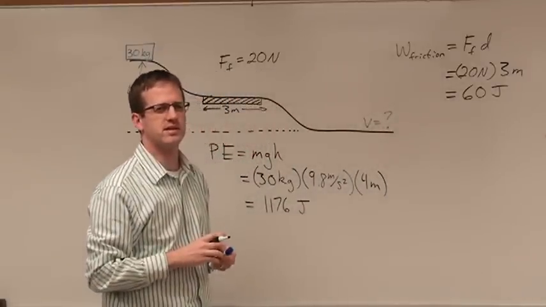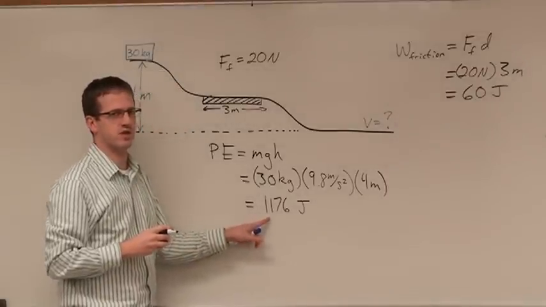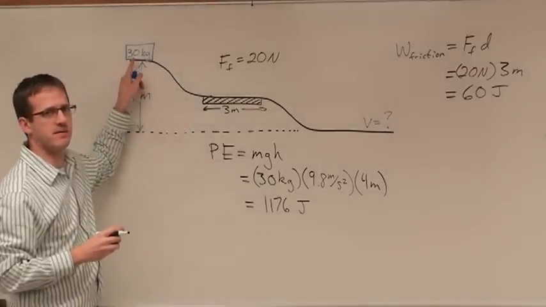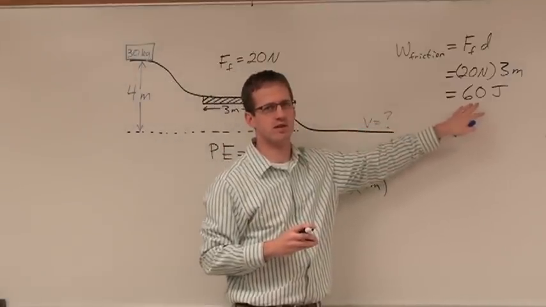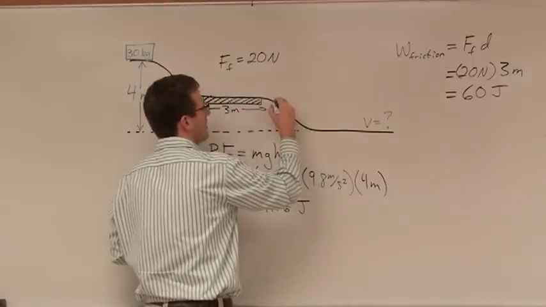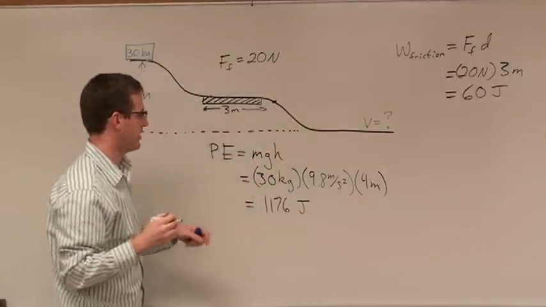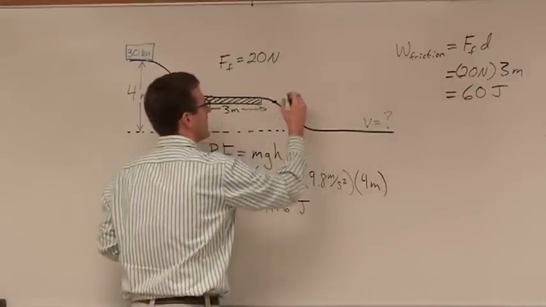So what do we do with that 60 joules? Well, it started off with this much energy. The box has that much energy at the beginning, and then friction takes away 60 joules of energy. So what are we left over with? Right here at this point, we're left over with this much energy minus that energy. So I'm going to even label that on my picture.